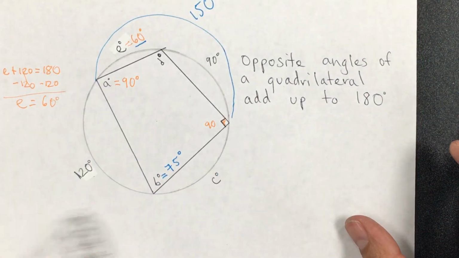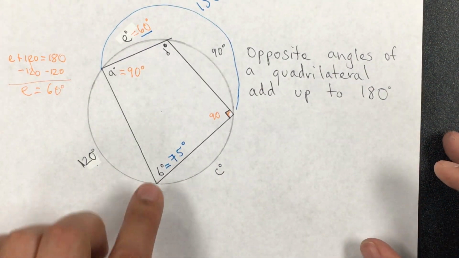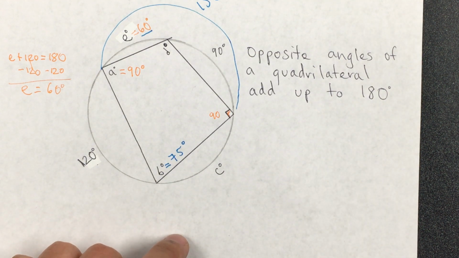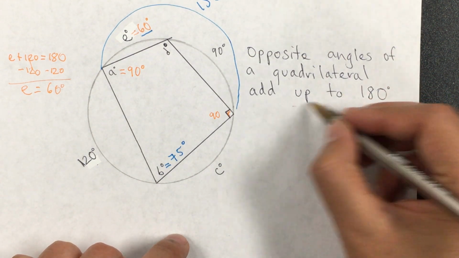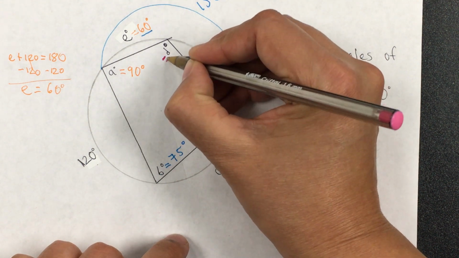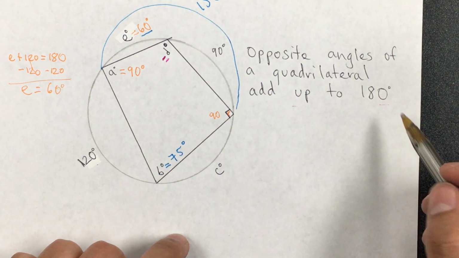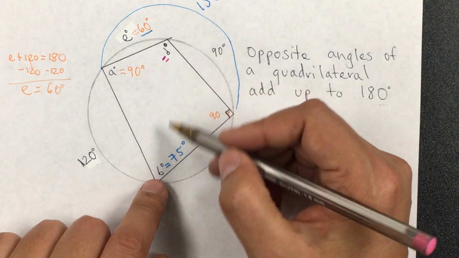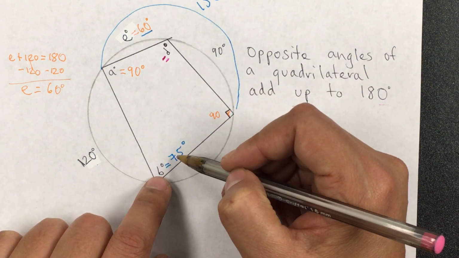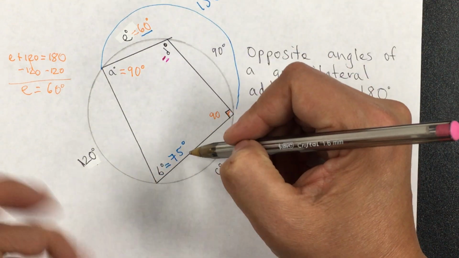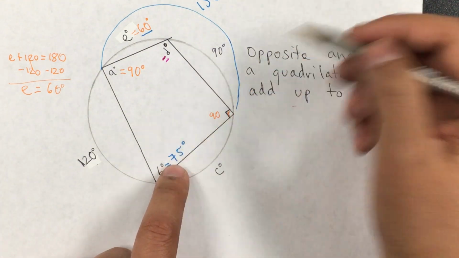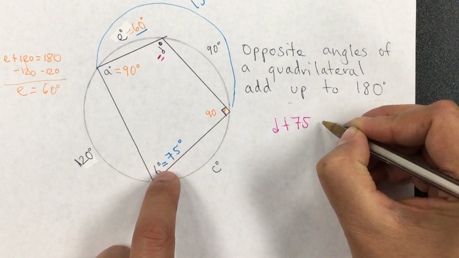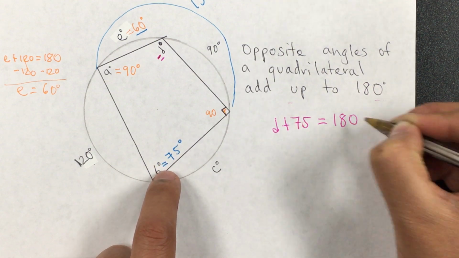Okay, so we can take this away because we already figured that one out. Now, having this definition in mind, we can figure out D. Why? Because it says that opposite angles add up to 180, so these are supplementary. So D plus 75 degrees equals 180.